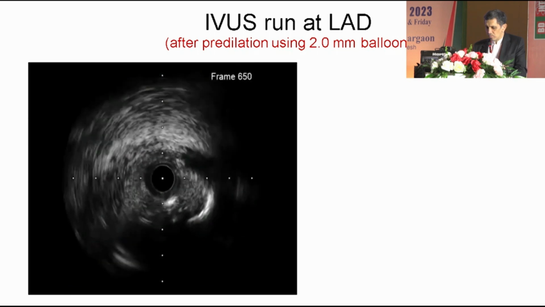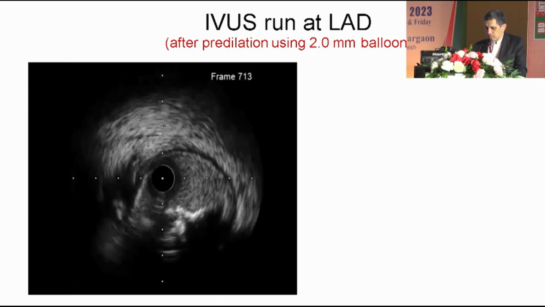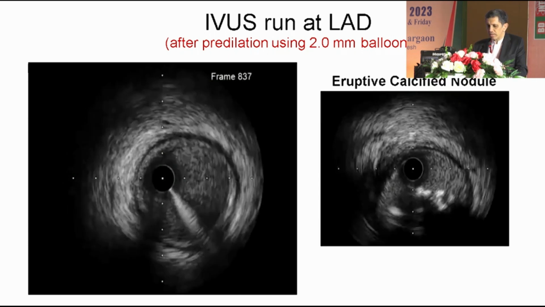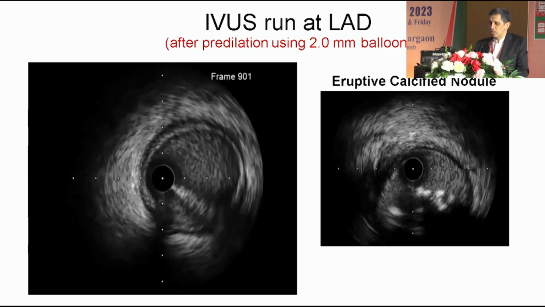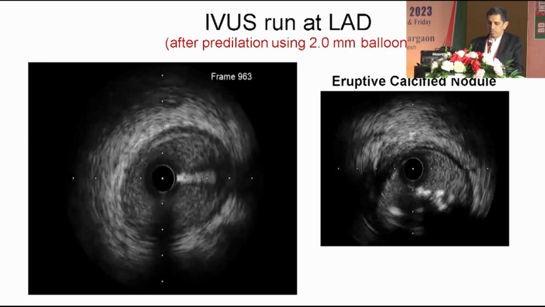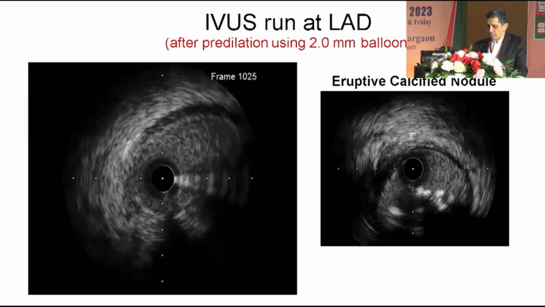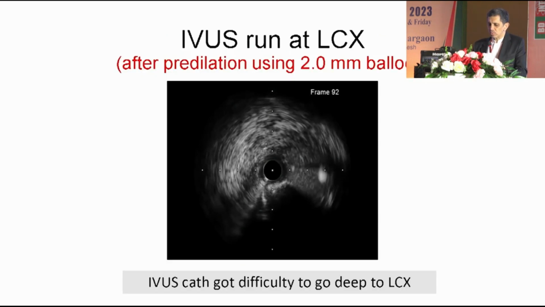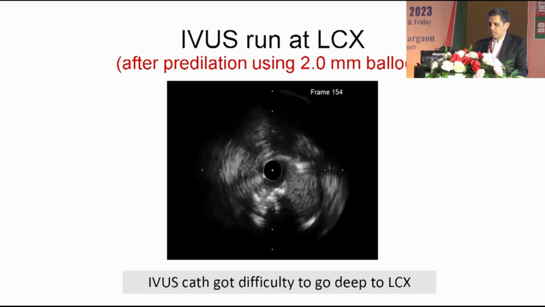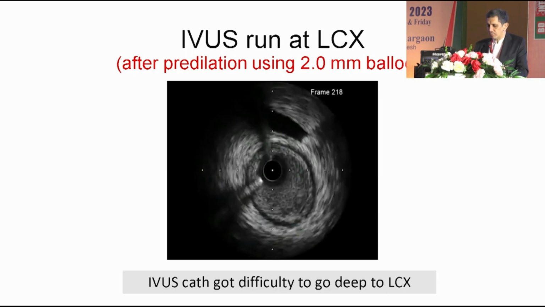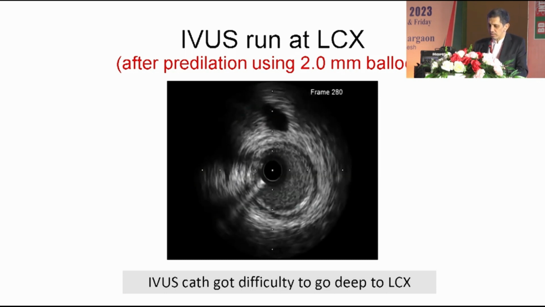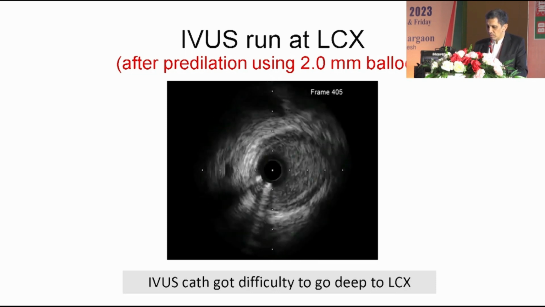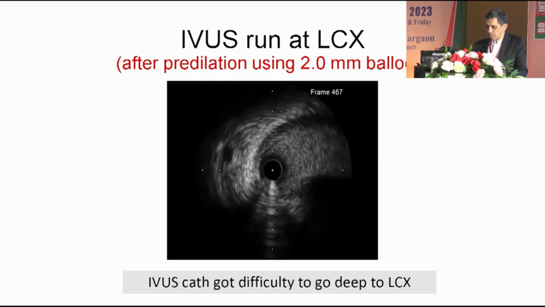There is an eruptive calcified nodule at the left main. And then IVUS to the circumflex was quite difficult, the catheter had difficulty, but we found there is a calcified, eruptive calcified nodule. So this is the left main.